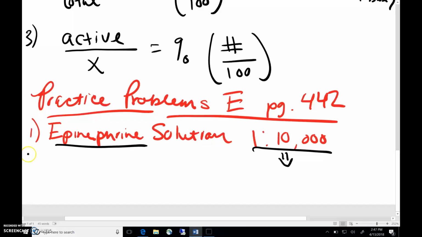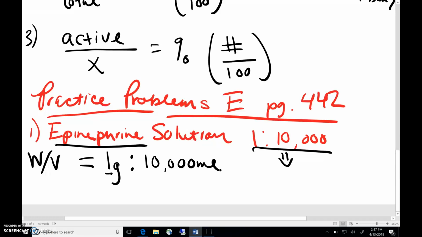Well, I'm going to go ahead and rewrite it as the ratio it is. You guys know that it is a weight to volume concentration. And in detail, the weight is 1 gram and the volume is what? I'm going to keep it in its ratio form, which is 10,000 milliliters. But the instructions want us to write it as weight to 100 milliliters.